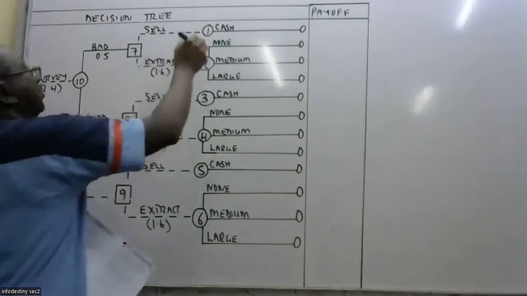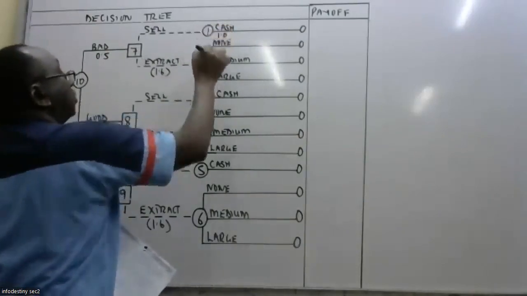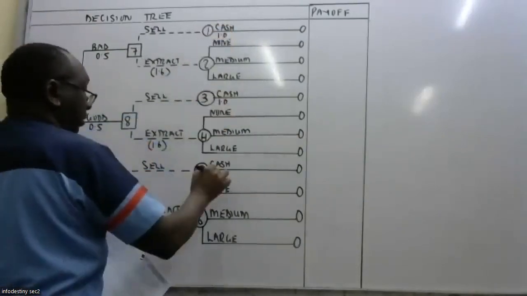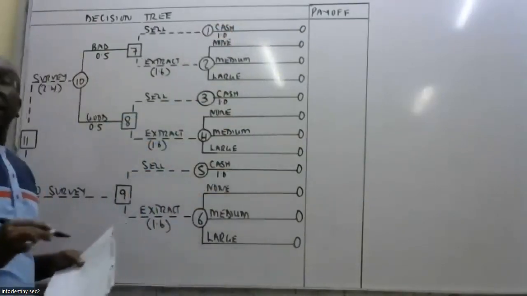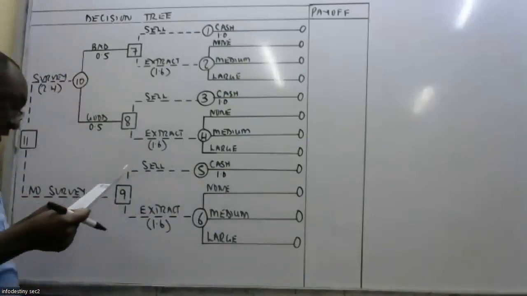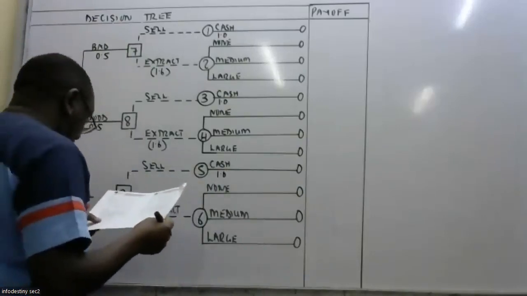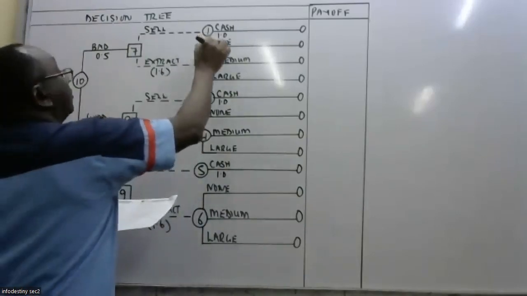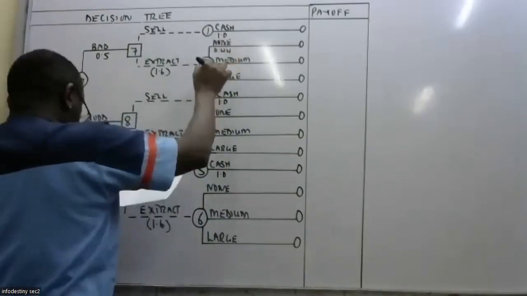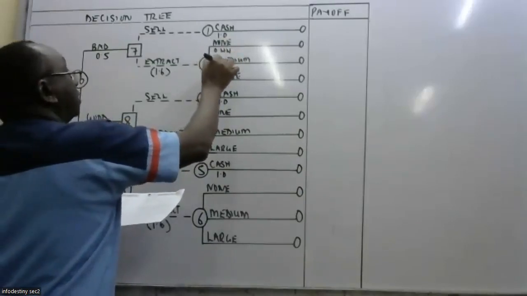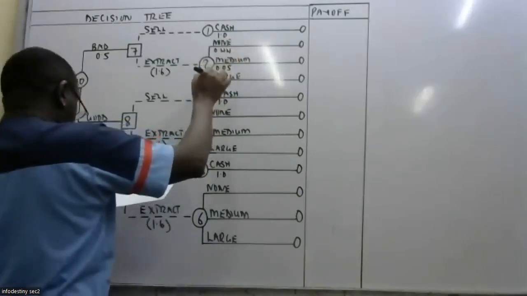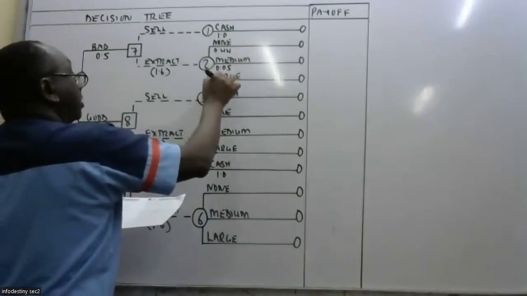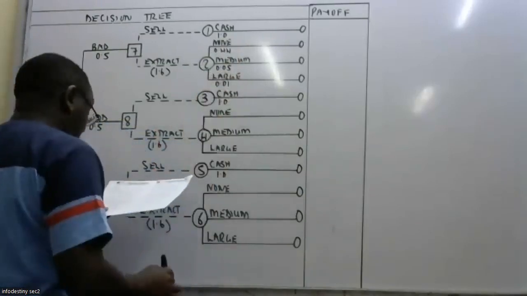Now the probabilities for cash, because it's just one option, is 1. But for the deposits, at the bad, we have 0.44, 0.05, and 0.01.